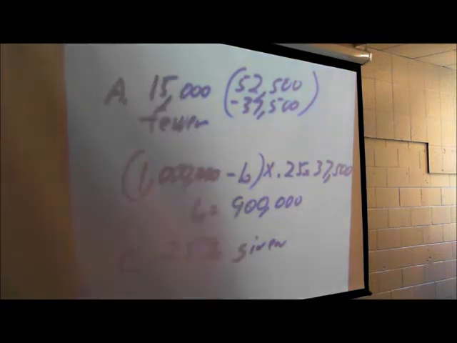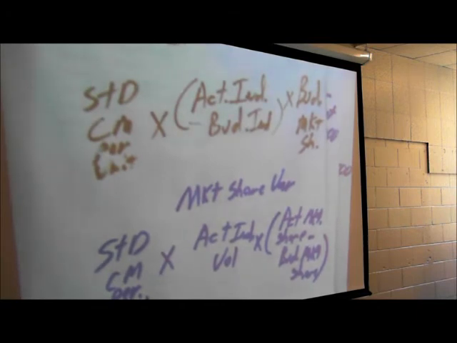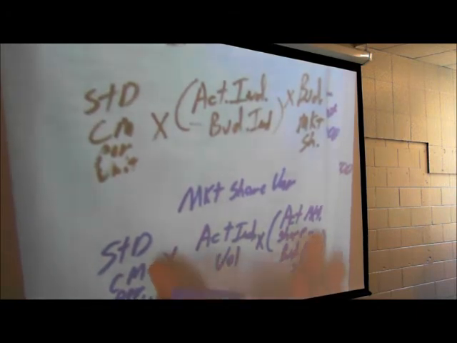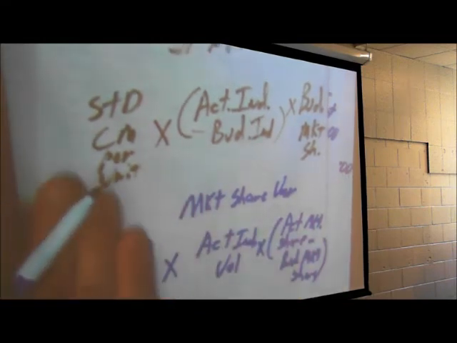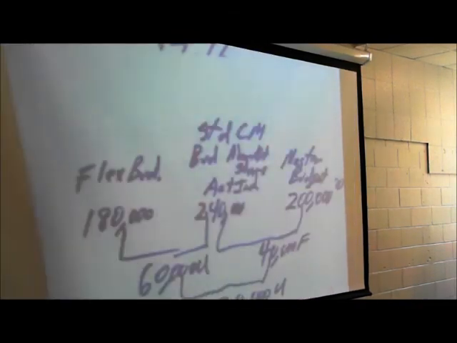Guys, we're just using these formulas here. The only difference is we don't have the standard contribution margin. In other words, on the market share formula, you're ignoring this to get the dollar amount. We know the actual industry volume is 1,050,000. How do we know that? If you look up above, on that industry volume, the actual industry was given to you as 1,050,000.